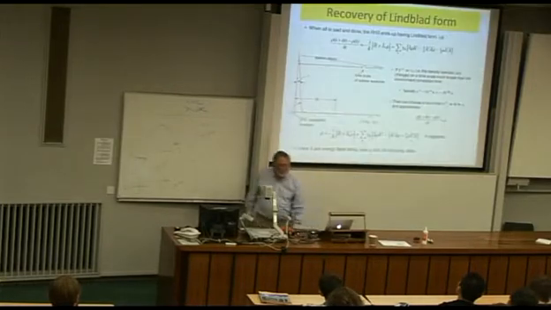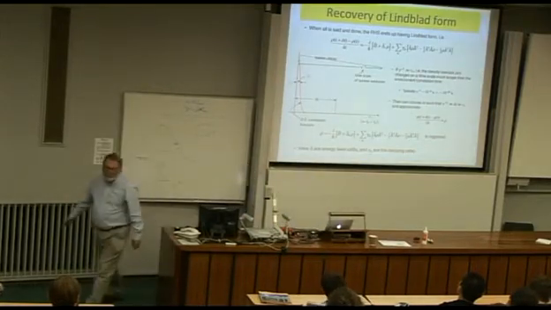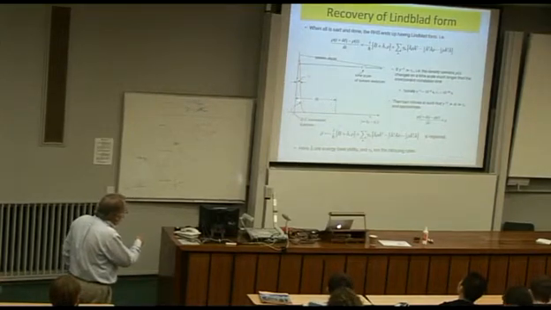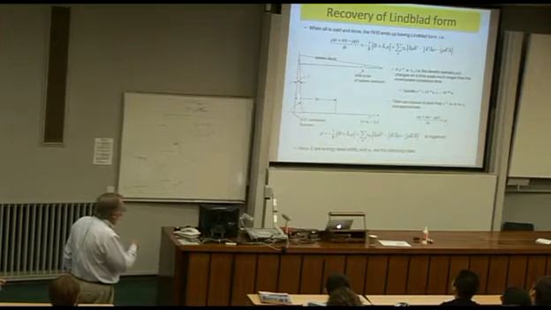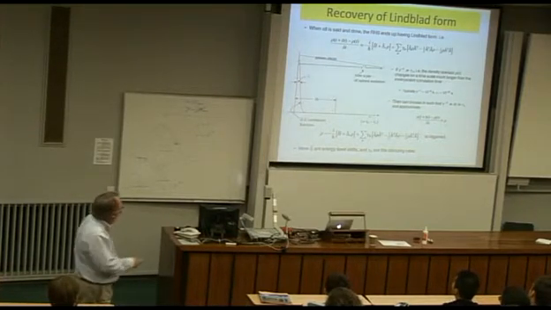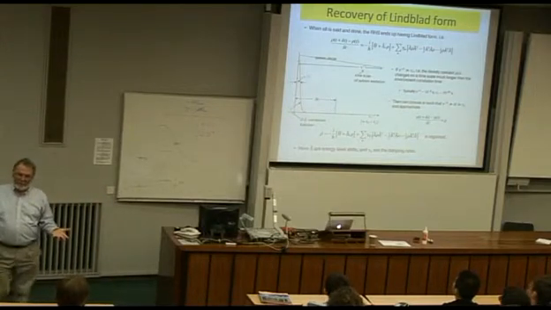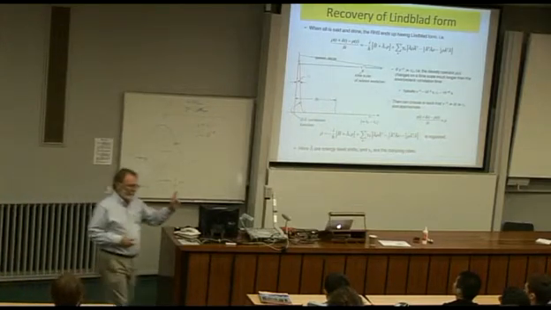I've swept under the carpet a whole raft of things involving, for example, rotating wave approximations here, but that doesn't matter. Okay, so if I do all of those things, I've got my coarse-graining time, that's delta t, and delta t is going to have to be longer than the correlation time of the reservoir, but short compared with the decay time. Okay, so you've got this trio of times to remember.